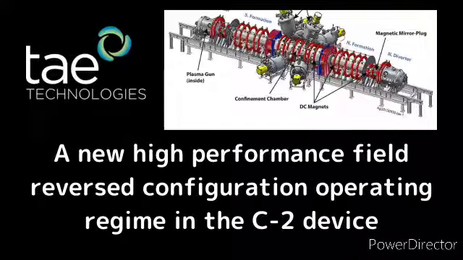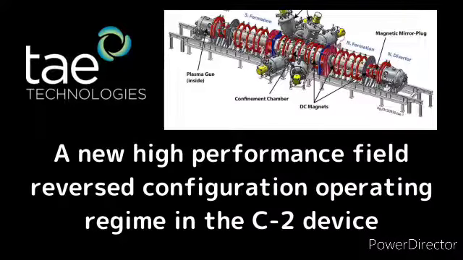An FRC equilibrium in the C2 device is shown in Figure 1 as calculated from the Rampage code. Field line contours are traced and plasma densities are indicated with colors.